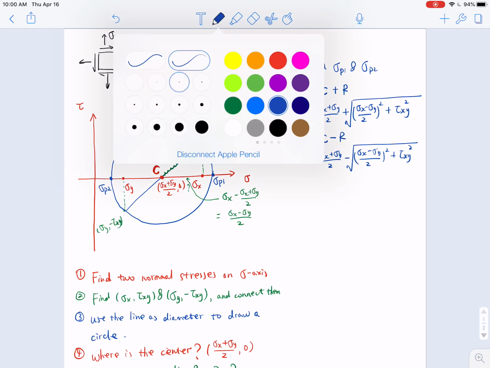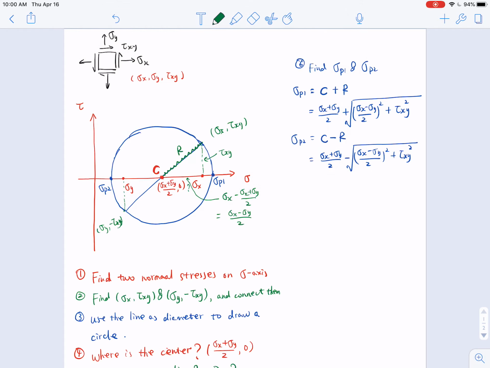Then the next question: what is the maximum shear stress, tau max? Just look at the circle. On this circle, where is the maximum possible tau value? Here is your tau axis.